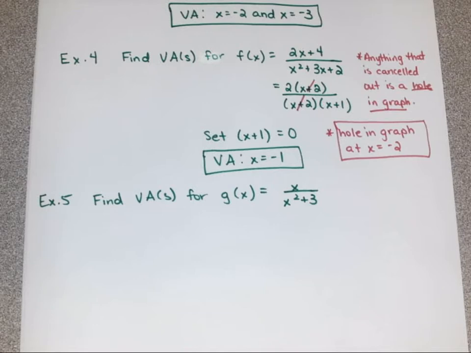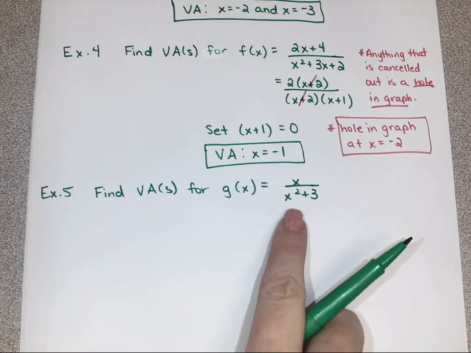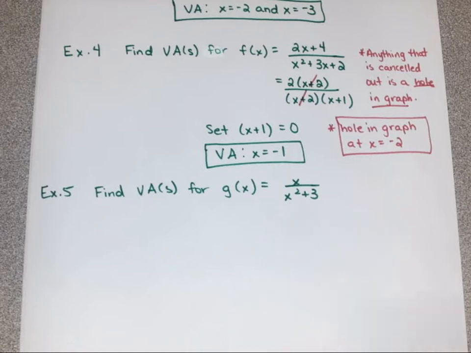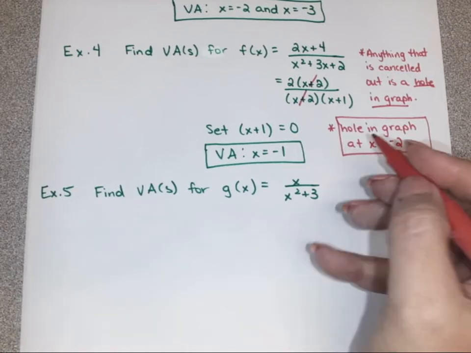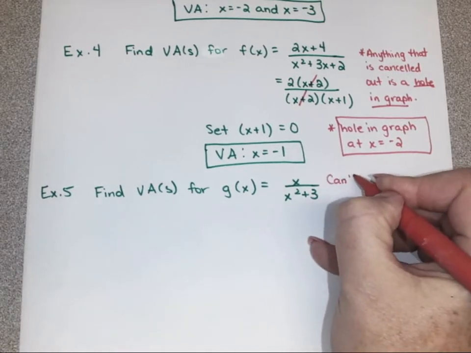So what are you supposed to do first? You're supposed to simplify or factor, right? Notice there's really not anything that you can do here though, right? These don't have anything in common. Okay, so I'm just going to write this here. This can't factor or simplify.